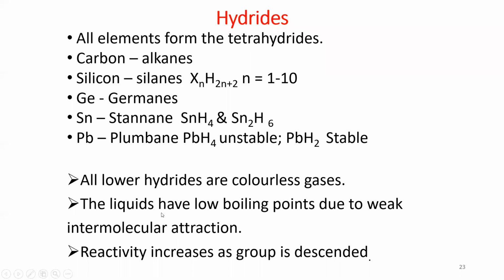All the lower hydrides are colorless gases. The liquids have low boiling point due to weak intermolecular attraction, and reactivity increases as we go down the group. We've already looked at why reactivity increases as we go down the group when we looked at group 1 and group 2.